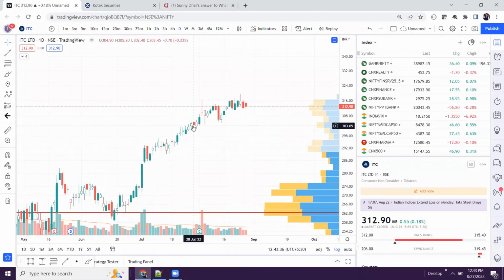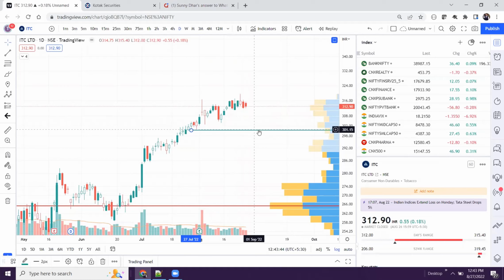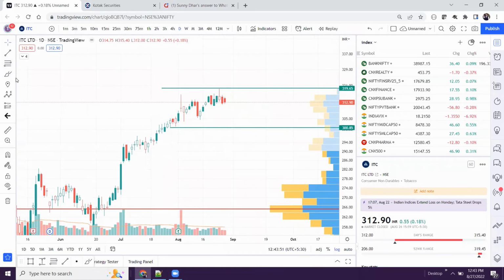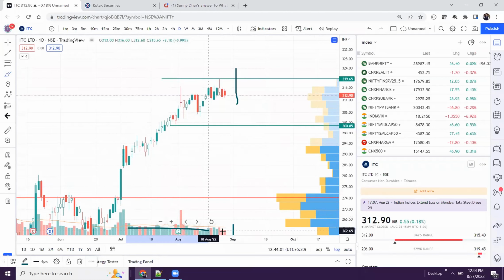Now we found that around 300 is the strike with the highest data, and 320 is the next. So suppose we get a big bar above this with big volume also. Now see, volume has been dropping for so many days, there is no volume in this up move.